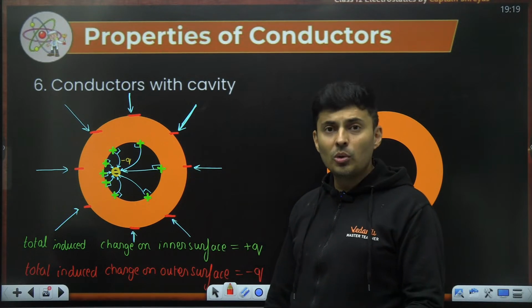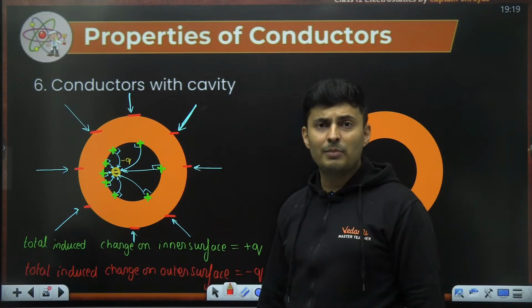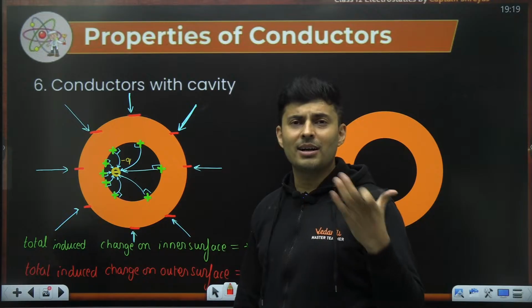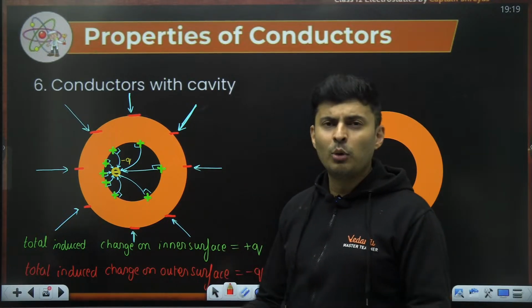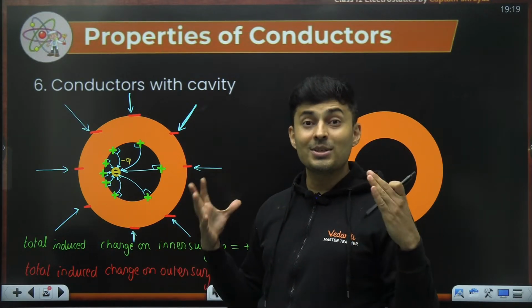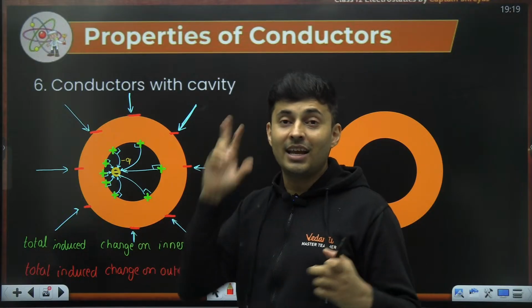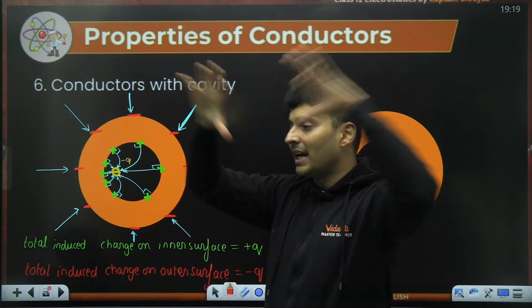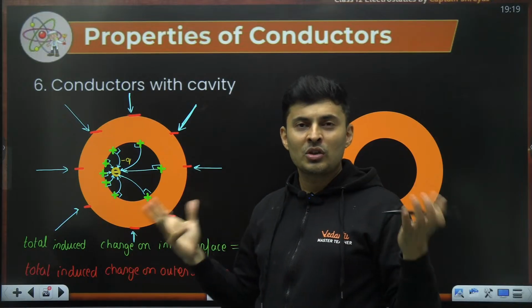So this can be used for some specific purposes. For example, you want to go out of the coverage area of your mobile phone, and the mobile phone transmits signals using electromagnetic fields, electric field. So you place your mobile inside a metallic conductor. That's it.